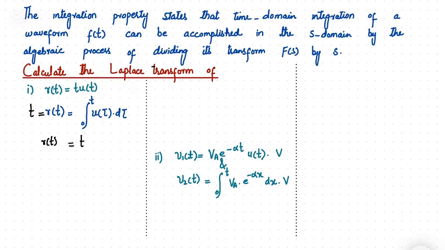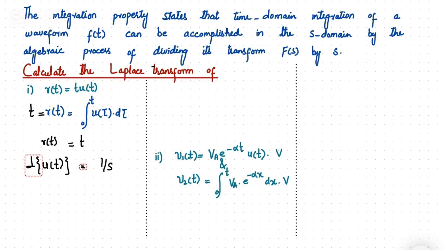So it means we can say that this ramp function is the integral of the unit step function, right? And we know the Laplace transform of the unit step function is equal to 1 over s.